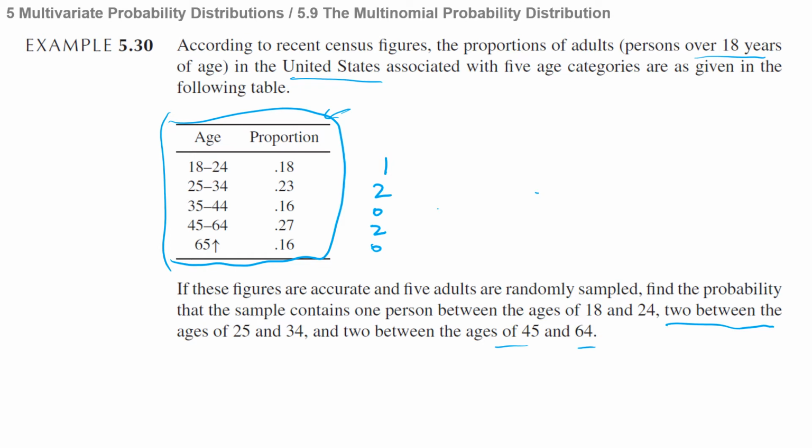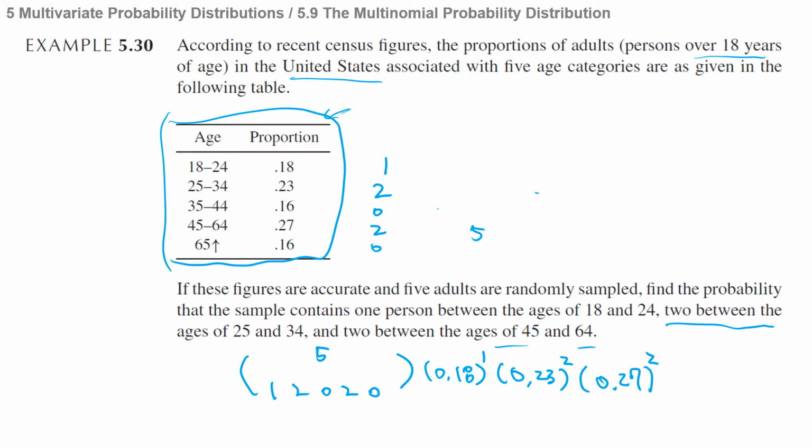So we are sampling 5. It's actually 5 choose 1, 2, 0, 2, 0, and the probability is 0.18 to the 1, 0.23 to the 2, and 0.27 to the second.